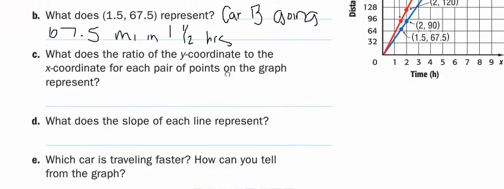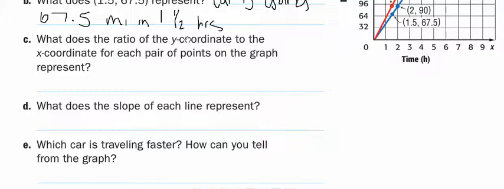Part C asks, what does the ratio of the y-coordinate to the x-coordinate for each pair of points on the graph represent? When we think about this, we want to remember what a ratio is. A ratio is a comparison of two numbers. The two numbers they want us to compare are the y-coordinate and the x-coordinate.